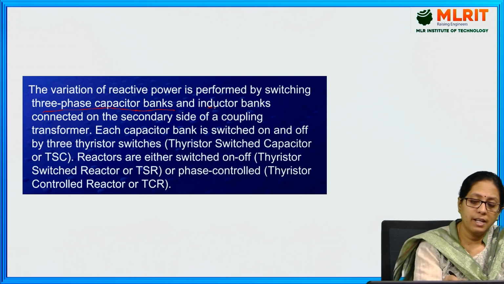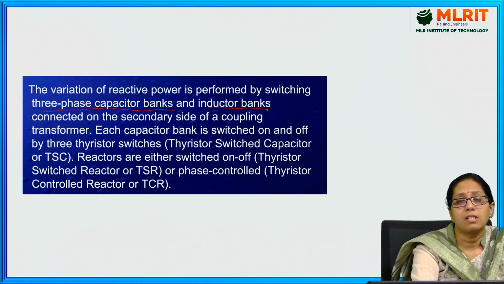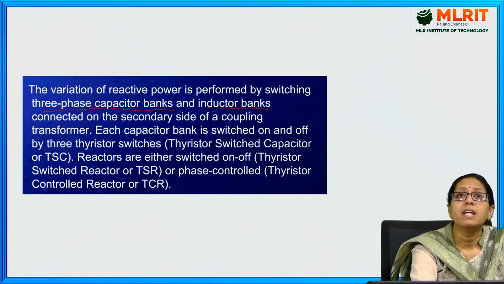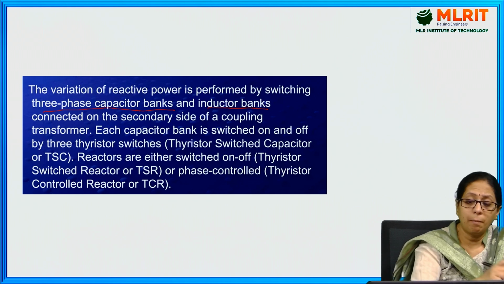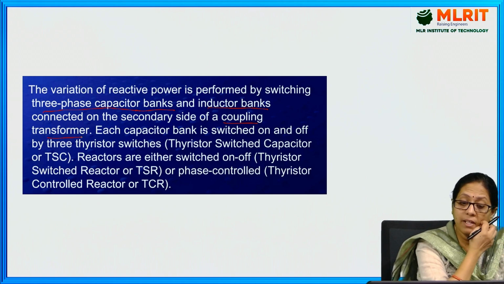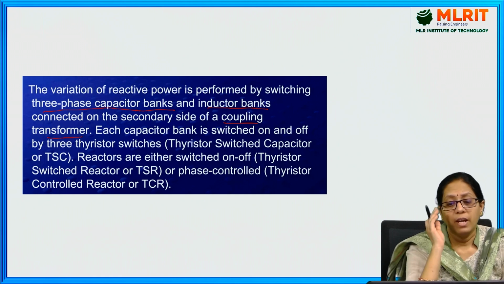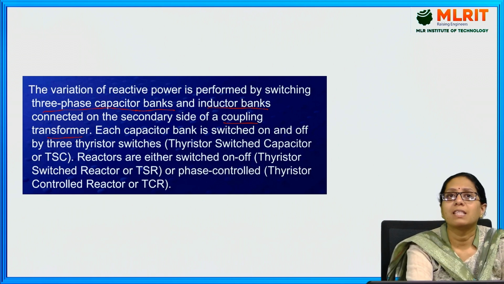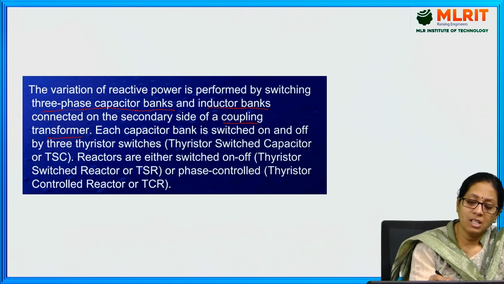And the inductive banks are connected on the secondary side of the coupling transformer. That means a coupling transformer will be there, where you have the primary as well as the secondary, and we will be connecting these three-phase capacitor banks to the secondary side of the transformer. Each capacitor bank is switched on or off.